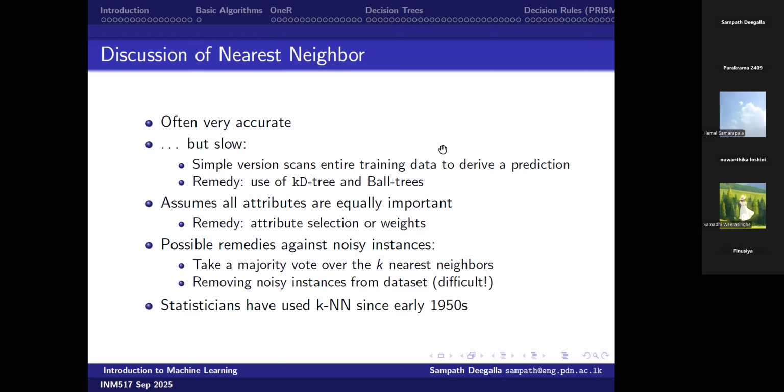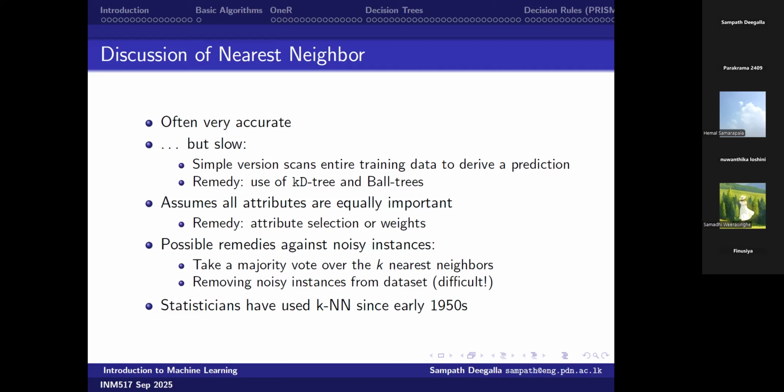Right. Just to summarize, how do you handle nearest neighbor? You will notice that although this is an instance-based algorithm, it's often accurate but slow. The reason for slowness is that you have to calculate the distance from the train instance to all the other instances, and then you have to find the closest one, right?